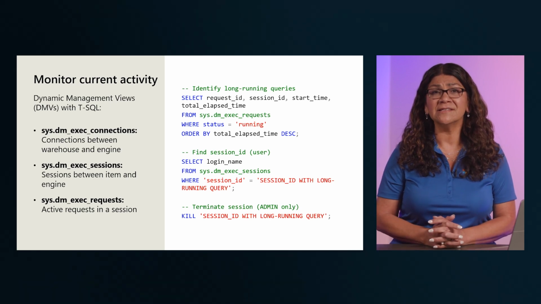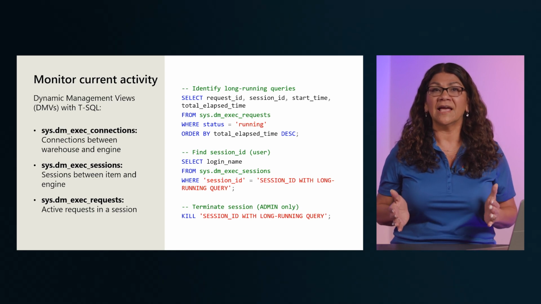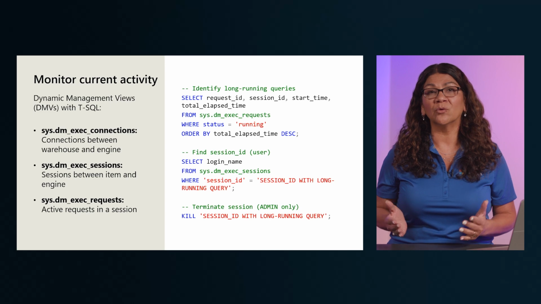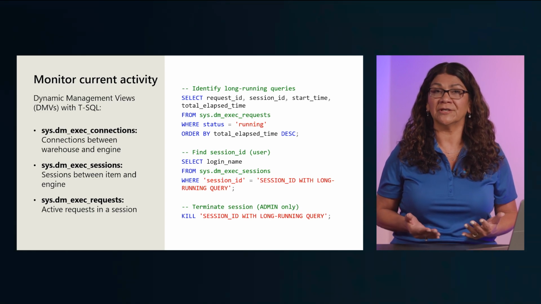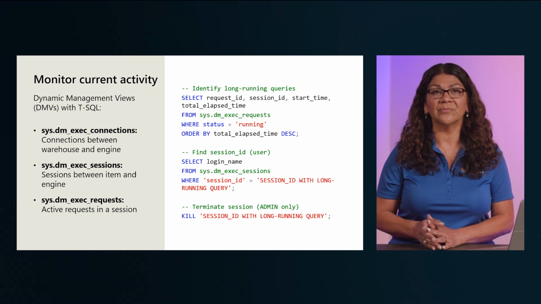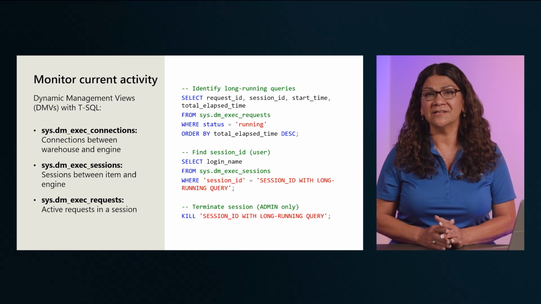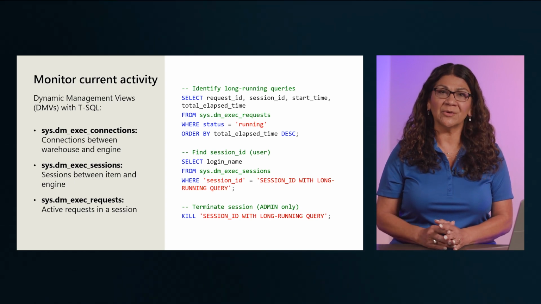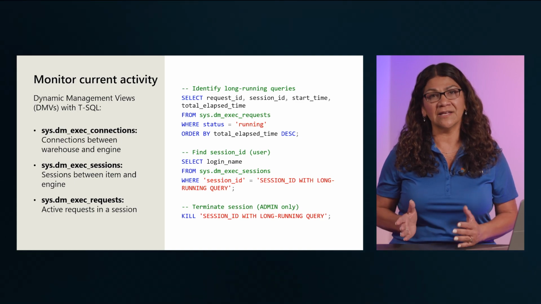With DMVs, you can get details like the number of active queries and identify which queries are running for an extended period and require termination. There are a few DMVs listed here. You have your sys.dm_exec_connections, which returns information about each connection established between the warehouse and the engine.